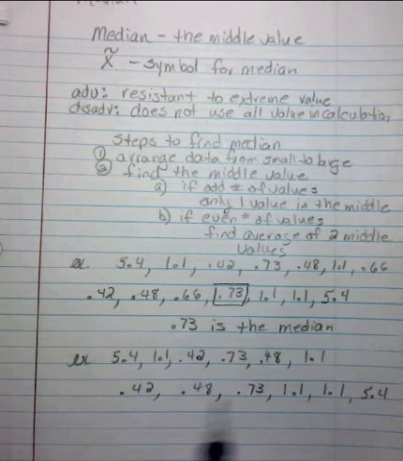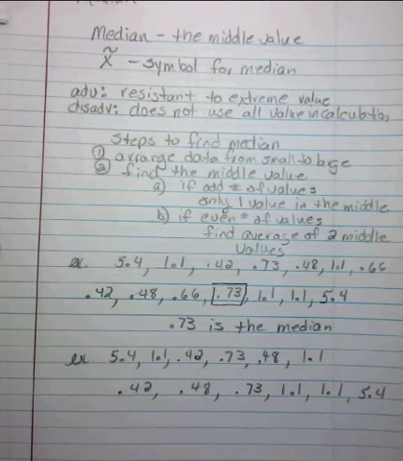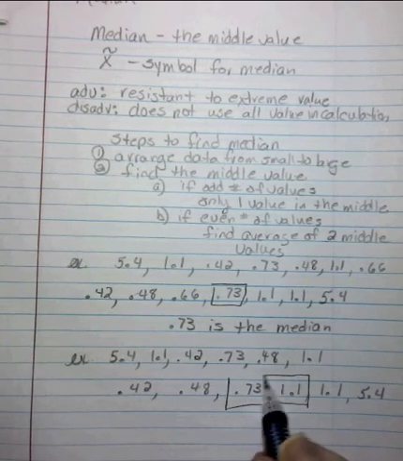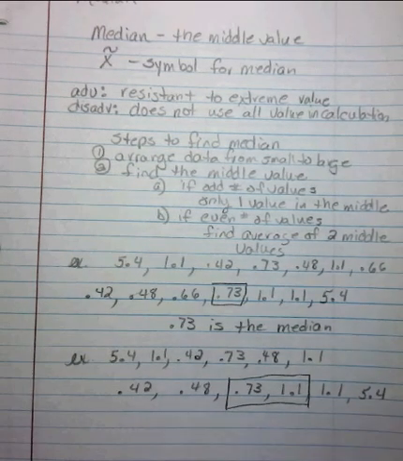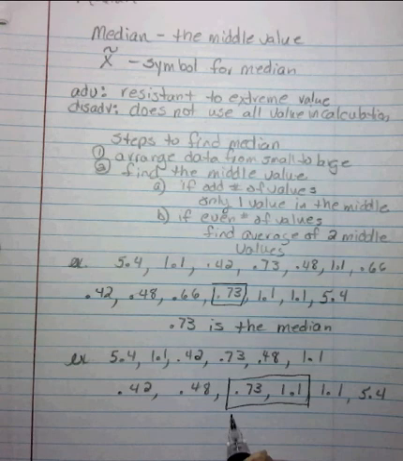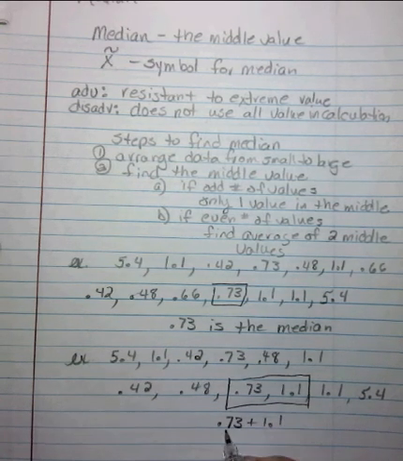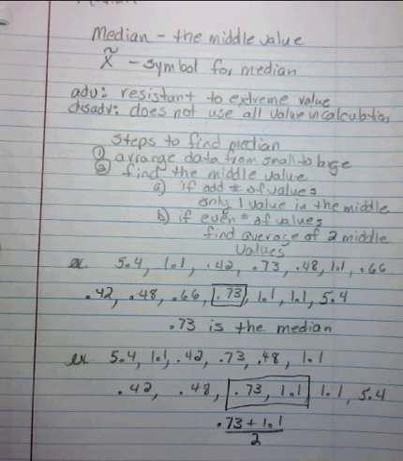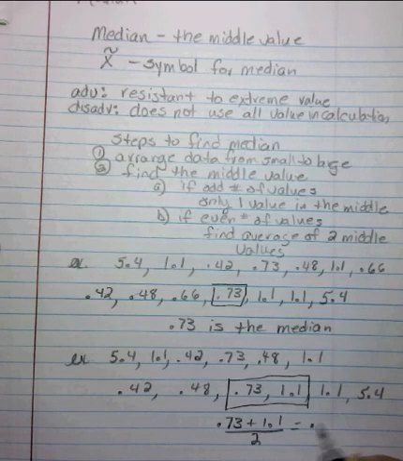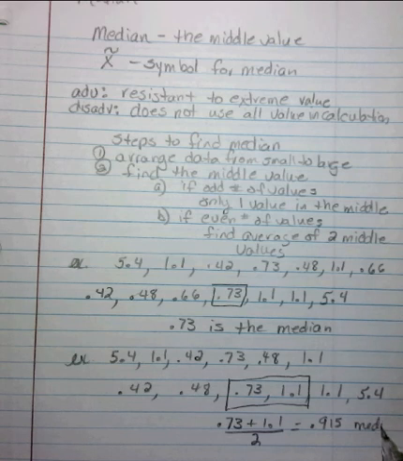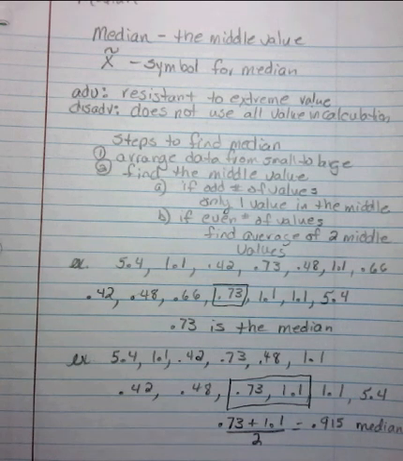We have 1, 2, 3, 4, 5, 6 items this time. Because we have an even set of numbers, we have to look at the two values in the very middle and find the average of those two items. So we take 0.73 plus 1.1, add them together, and divide by 2, because we're finding the average of those two, which gives 0.915, and that is the median for that set of data.